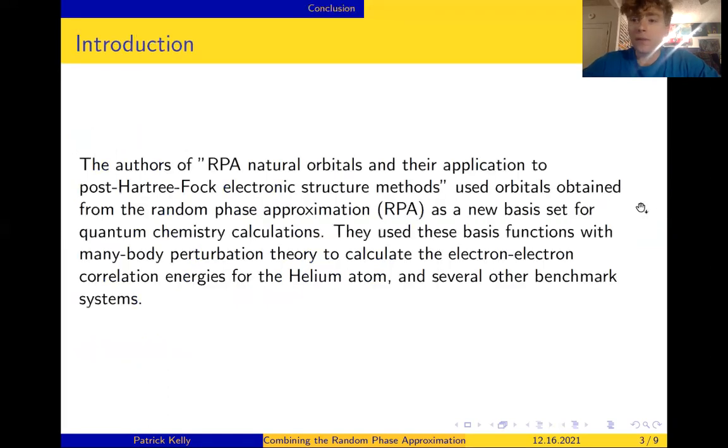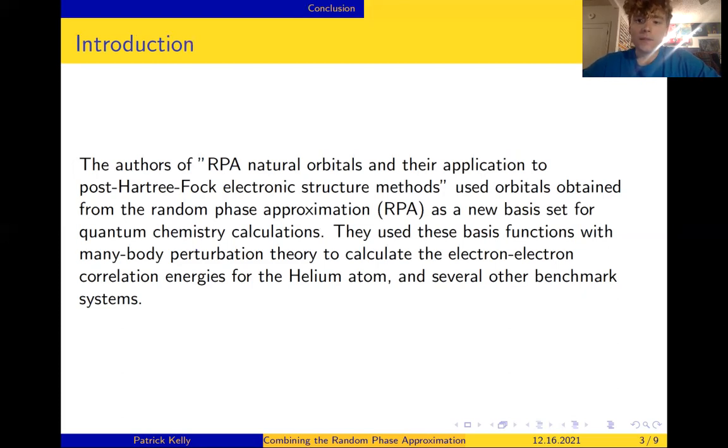So the name of the paper is RPA Natural Orbitals and their application to post-Hartree-Fock electronic structure methods. They used orbitals obtained from what's called the random phase approximation, RPA, and they used them as a new basis set for quantum chemistry calculations.